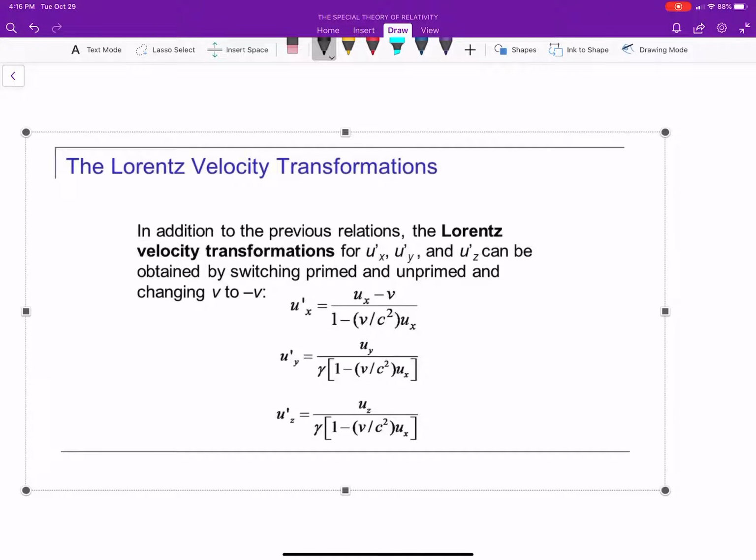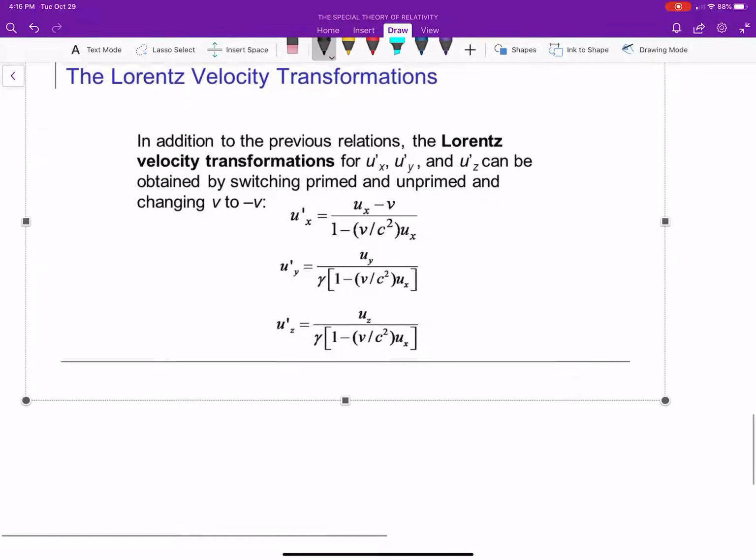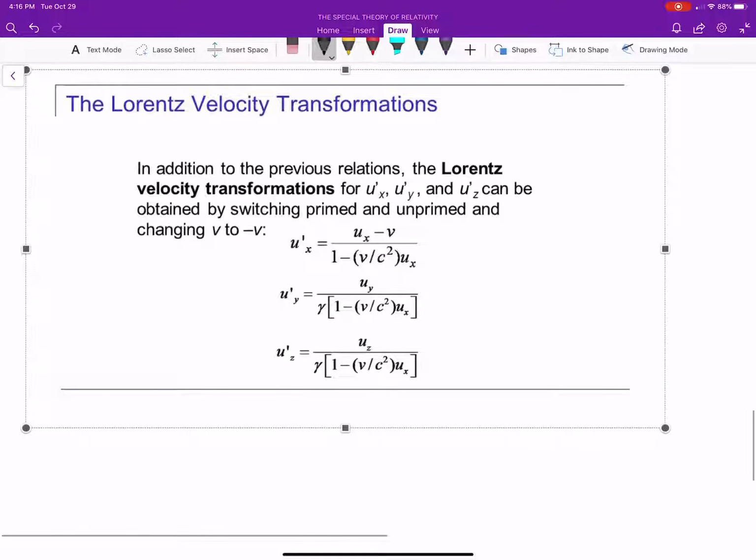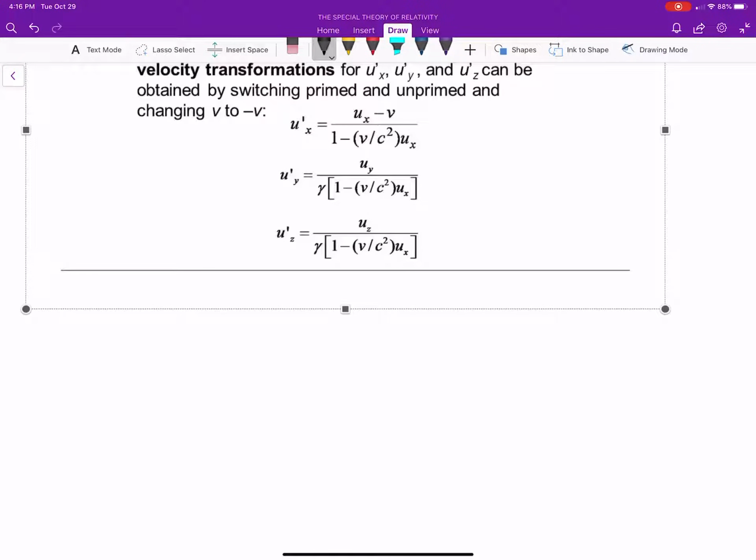Okay, so today we're going to talk about the Lorentz velocity transformations, and here's just a picture of it. First I want to mention that I'll rewrite these in the terms we're used to in our book.